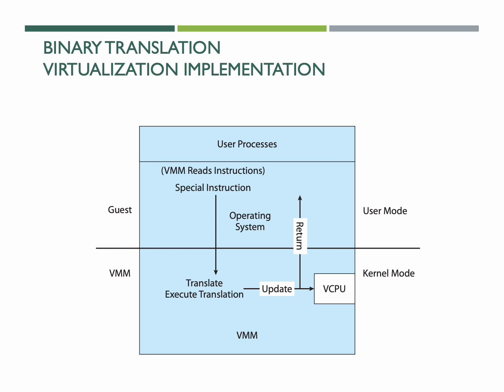This visual helps to conceptualize the complex interactions between the guest operating system, the virtual machine manager, and the virtual CPU. First of all, the guest's user processes may attempt to execute instructions that interact with the system at a deeper level.